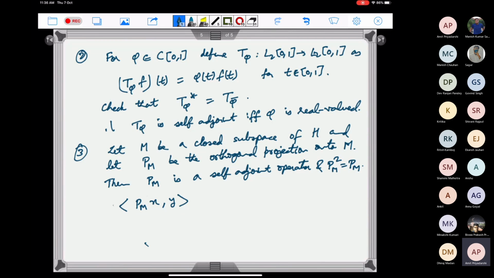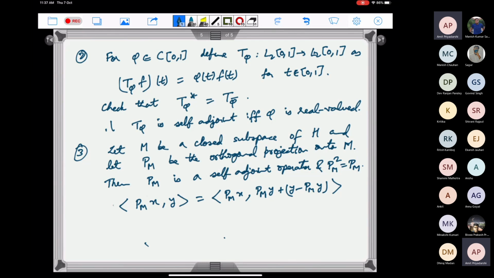We can first express y as Pm y plus (y minus Pm y). Exactly. So then I'll write this as the inner product of Pm x with Pm y plus y minus Pm y.